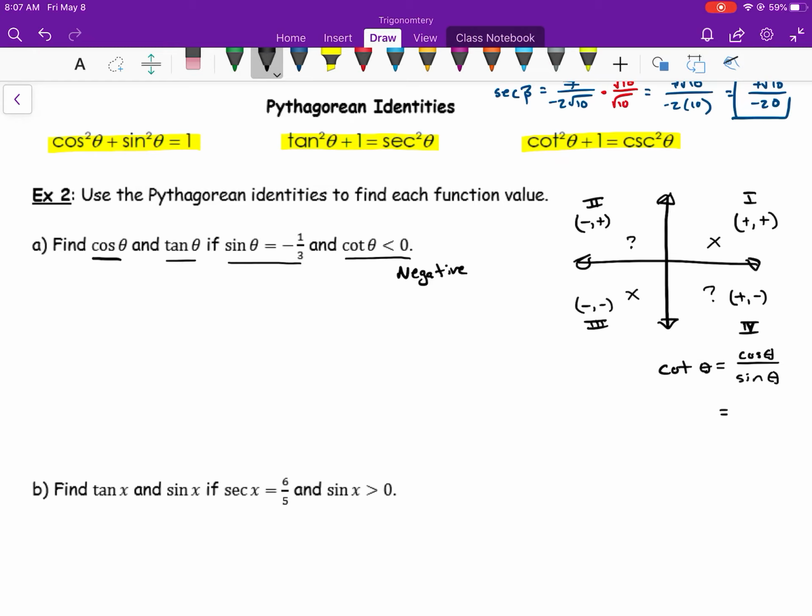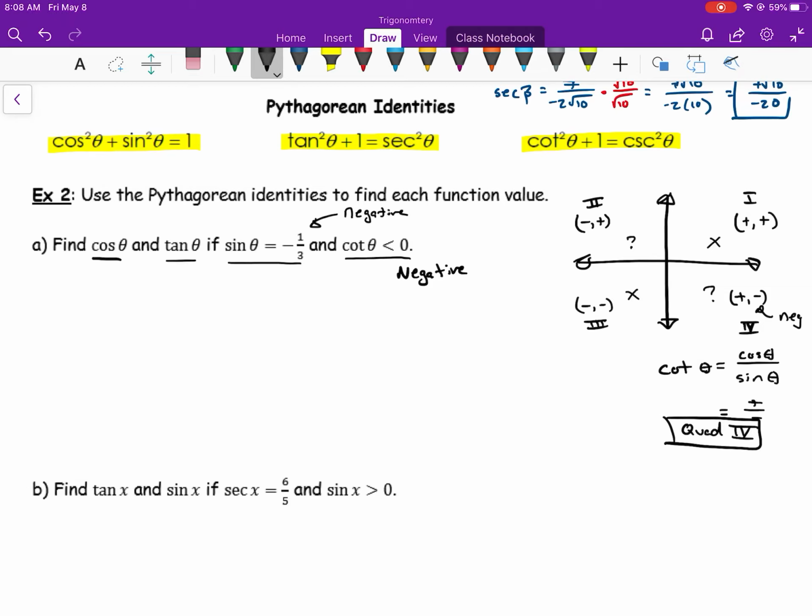Looking back at sine, sine is negative, so our y value is negative. Going back to quadrant 4, our y value is negative, so we have plus minus, which is what we want. So cotangent must be in quadrant 4. Not a huge part for the problems I'll be giving you, but it's good to reflect back on that.